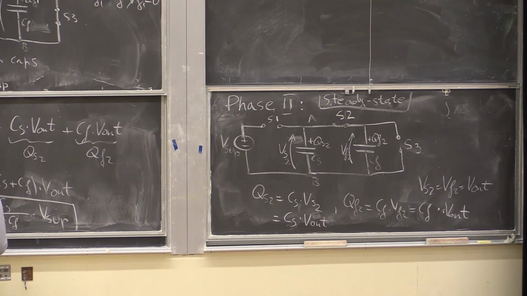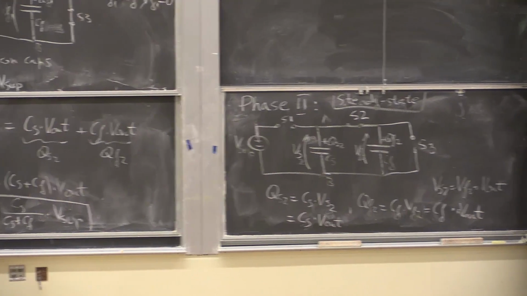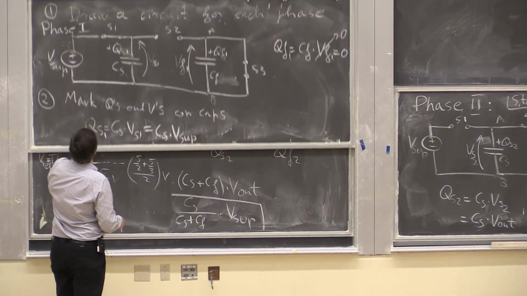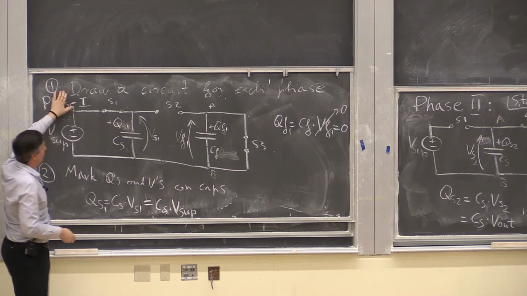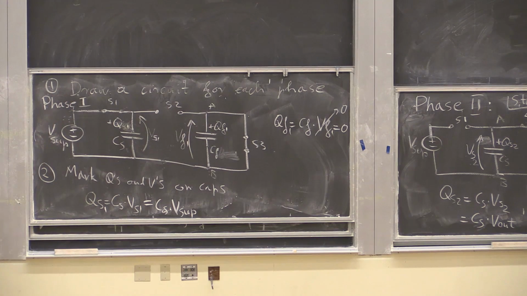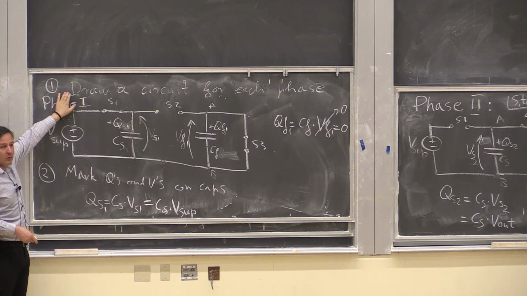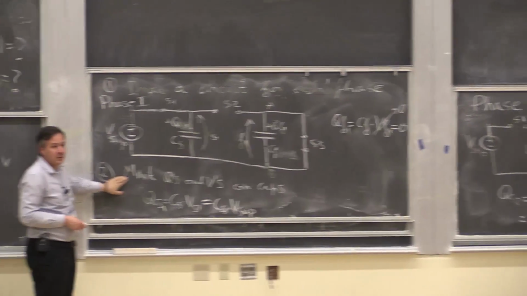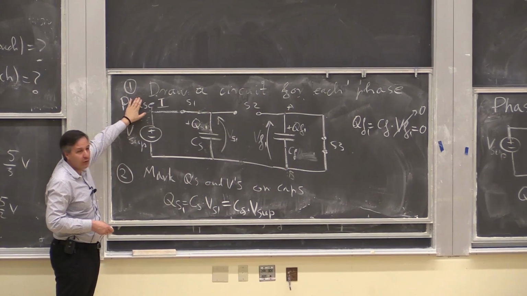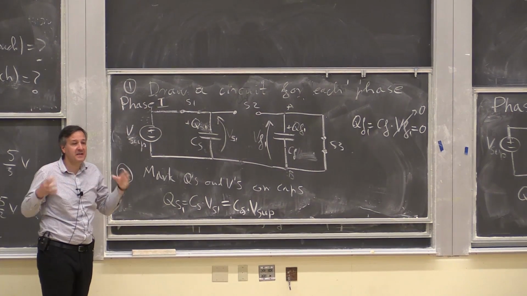Yes? Can you put together the entire process and summarize it? Okay. I sort of erased that, but let me walk you through this process again. So we start from a circuit. We draw a circuit for each phase, so that's step one. You draw a circuit for each phase, again, in steady state.